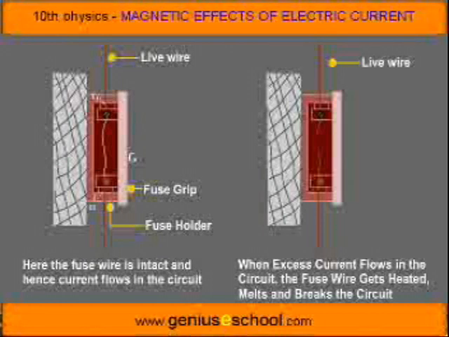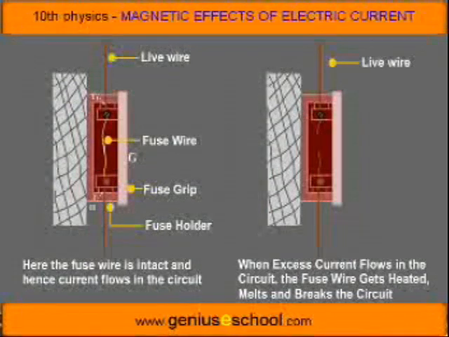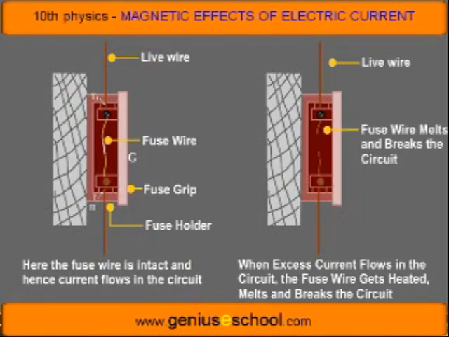When a short circuit takes place or when overloading takes place, the current becomes large and heats the fuse wire too much. Since the melting point of fuse wire is much lower than copper wires, the fuse wire melts and breaks the circuit as shown in the figure. When the fuse wire breaks, electricity supply is automatically switched off before any damage can be done to the rest of the wiring.